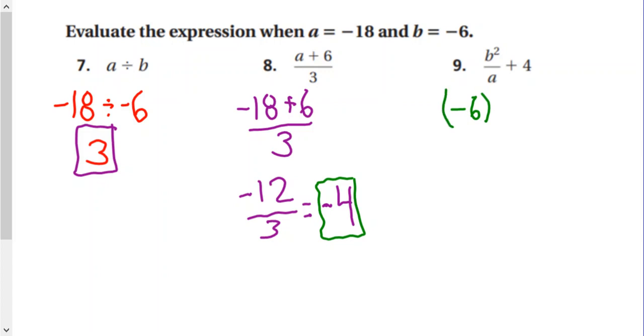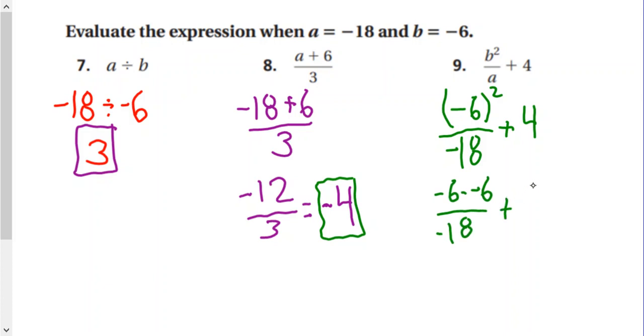Okay, so b squared over negative 18 plus 4. Okay, and we can do repeated multiplication, so negative 6 times negative 6 over negative 18 plus 4. Put these parentheses here so we remember those are negatives.